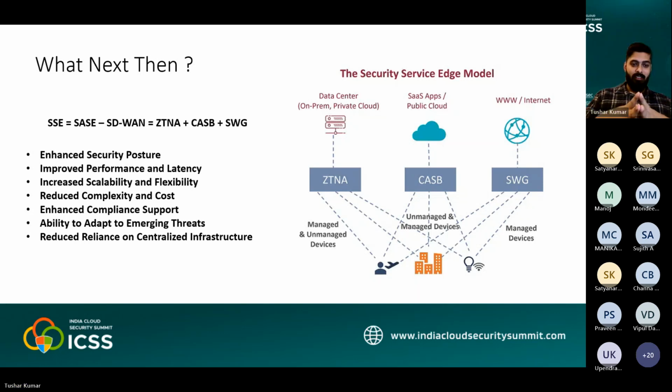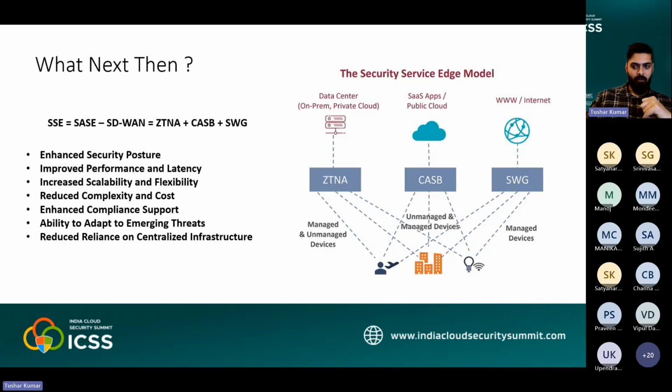You might have heard of the word SASE, which is secure access service edge. When you go from SASE, you remove the SD-WAN. The A in SASE stands for access, and that access actually means having software defined WAN connectivity.